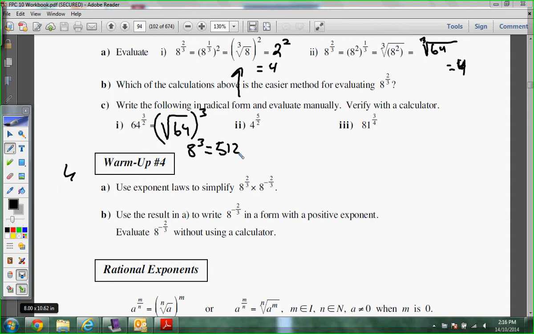So let's try that this way here too. So we got square root of 4 to the 5th. We all know what square root of 4 is. Okay, it's 2. And then 2 to the 5th is 32, yeah. Sorry, I almost wrote 16. 32.